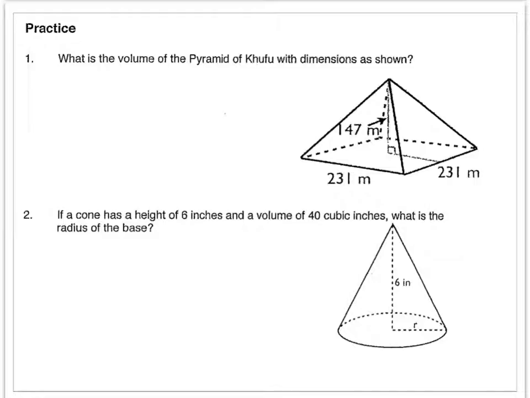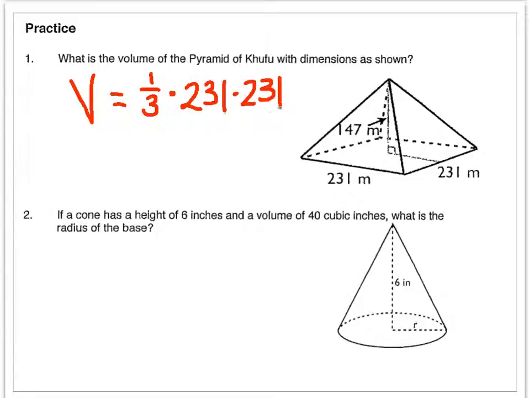Okay, using that, we're going to do some practice problems now. We want to find the volume of this pyramid of Khufu. Volume is 1/3 times the area of the base. We would find the area of the base, if it's a square, by doing side times side, 231 times 231, times the height, which is 147. We are not using slant height for volume.